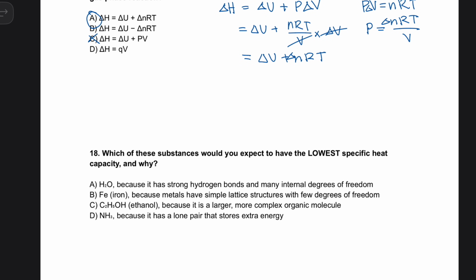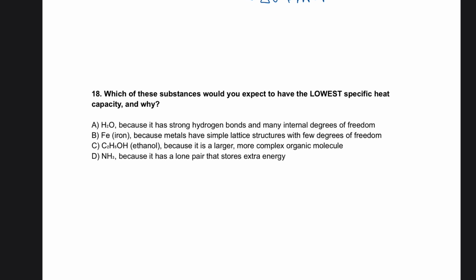And then the last question: which of these substances would you expect to have the lowest specific heat capacity and why? Specific heat capacity depends on 3 things. Number 1, movement of a whole atom or molecule. The larger the molecule, the more atoms it has and the more it will move. So basically a bigger atom or bigger molecule will have a higher specific heat capacity. Number 2 is the internal motions or degrees of freedom.